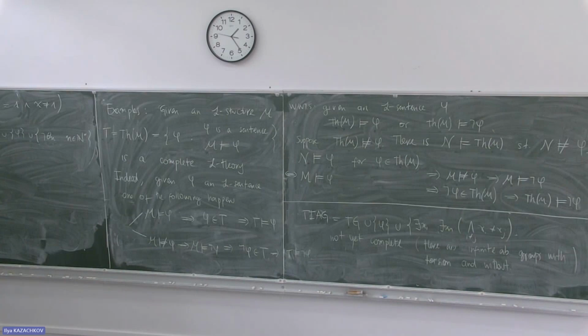In this case, every such formula is already inside my set T. In the examples I'm giving you here, without fixing a group, I am giving you just a small collection of sentences and hoping that this small collection is already complete, so it determines all other possible sentences of the language of groups.